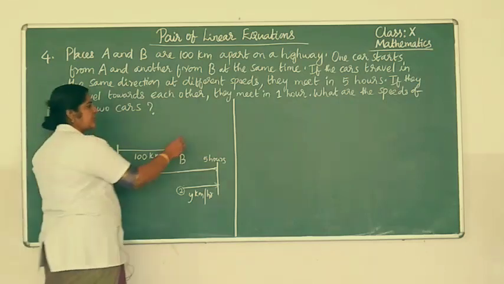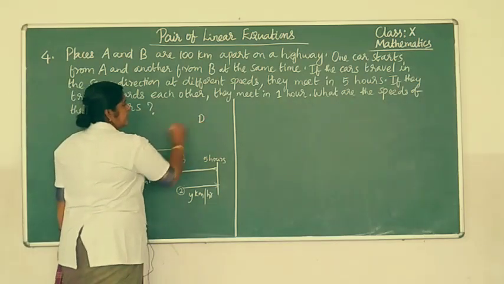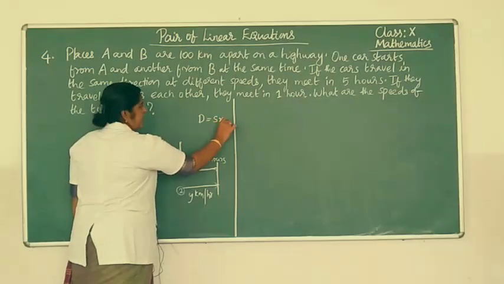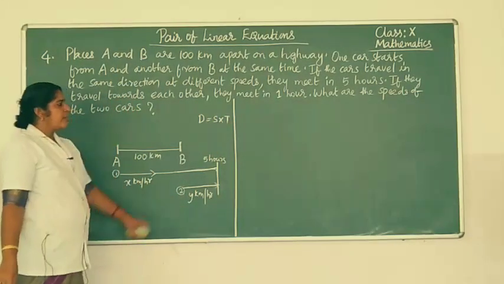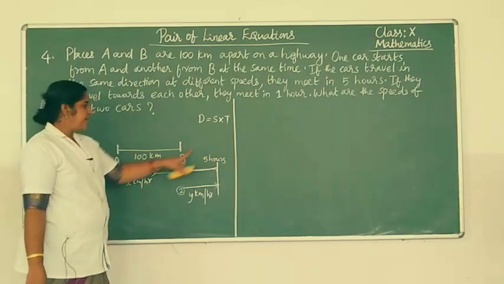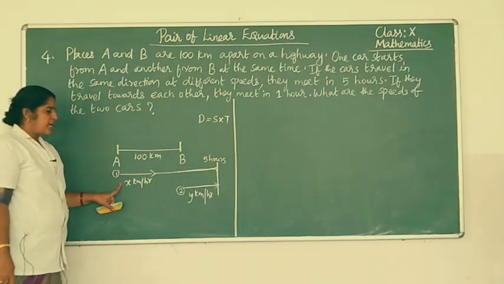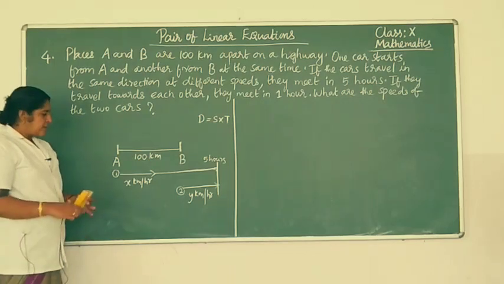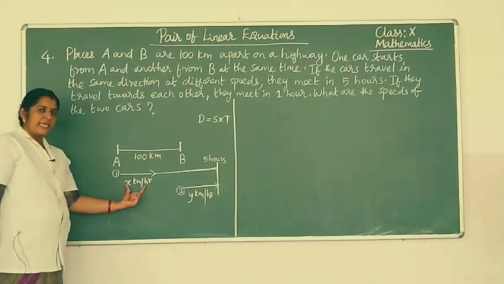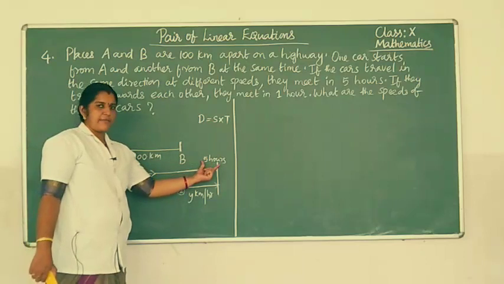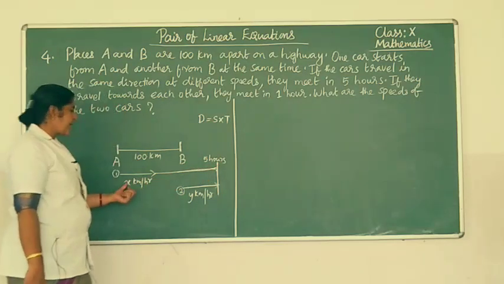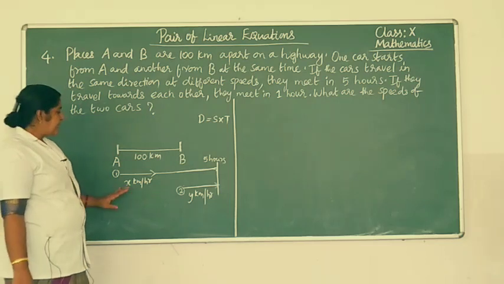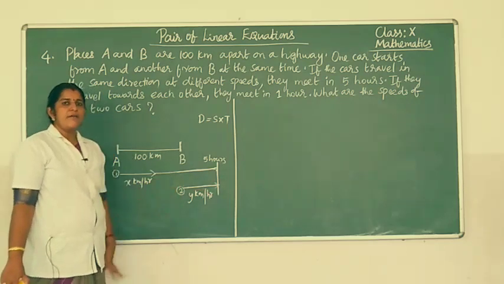And what is the relation we know for distance, speed and time? Distance is equal to speed into time. So by using this relation, we can find out the distance traveled by the first car. What is the distance? The speed is x, into the time 5 hours. So 5 into x is 5x kilometers, which is the distance traveled by the first car.